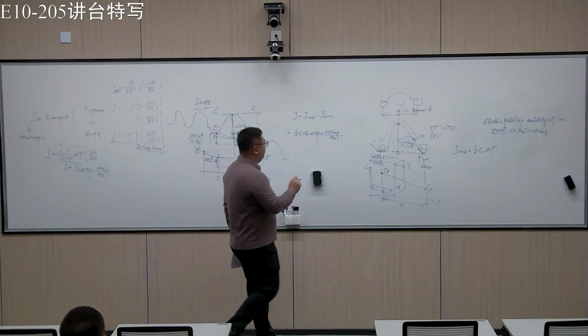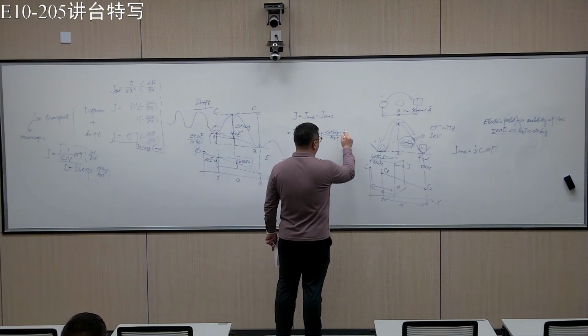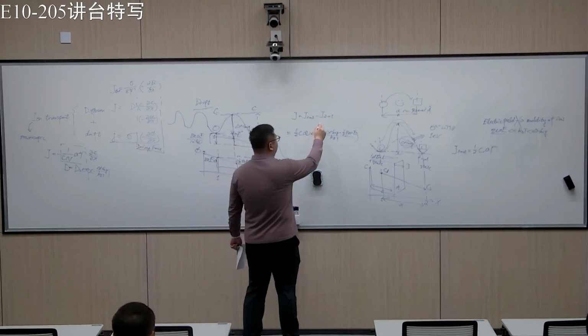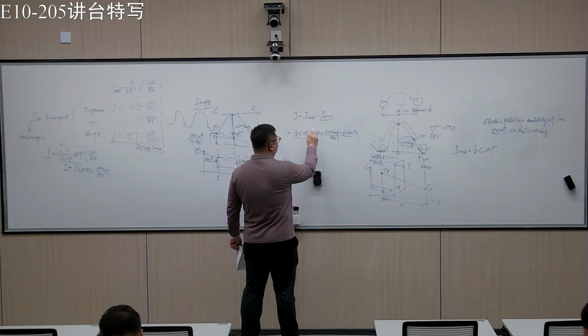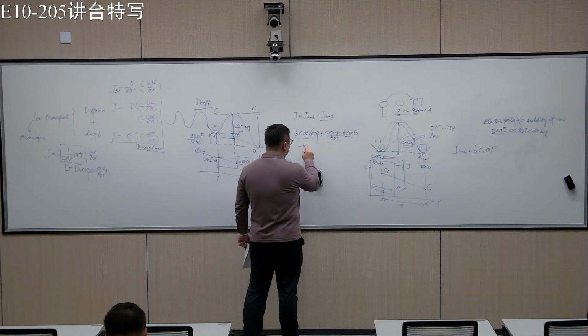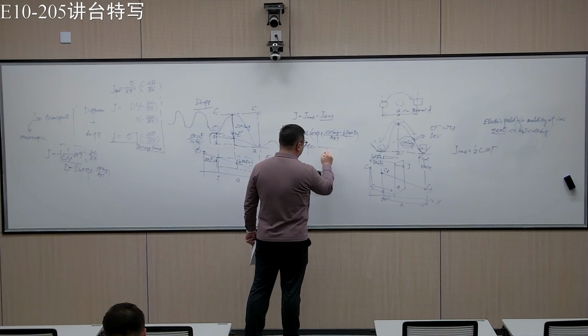So here you decrease by this value, minus potential or kBT delta H migration.